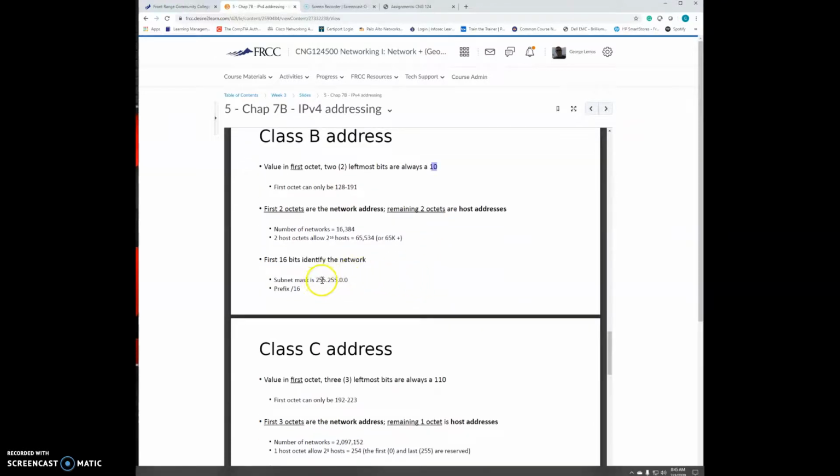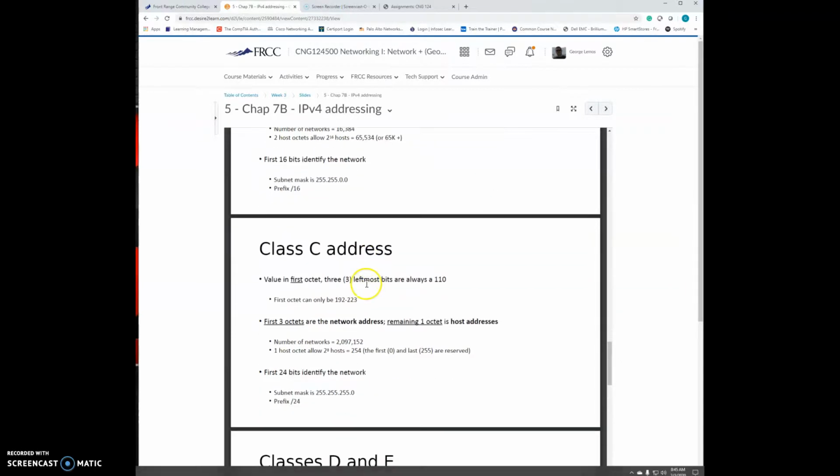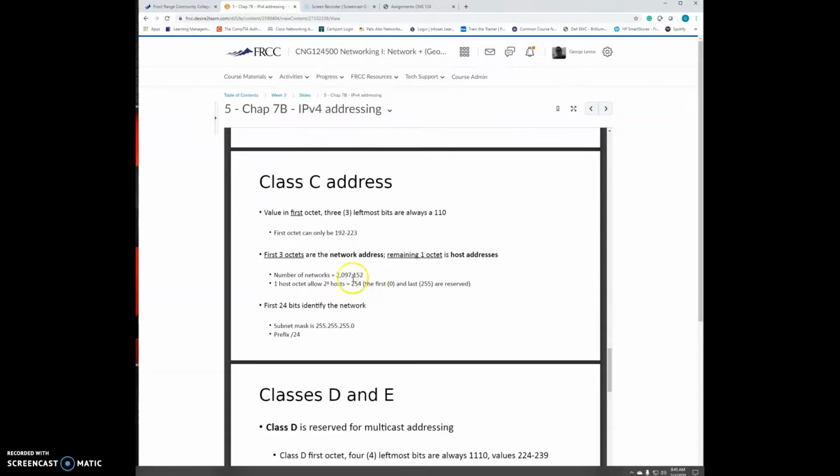The subnet mask then, since we have two octets that are being used, is 255.255.0.0, and that would be our Class B. Class C, the three leftmost bits in that first byte, 110, once again 192 to 223.